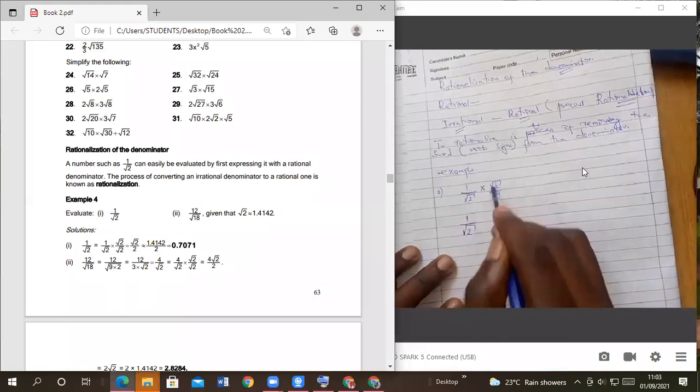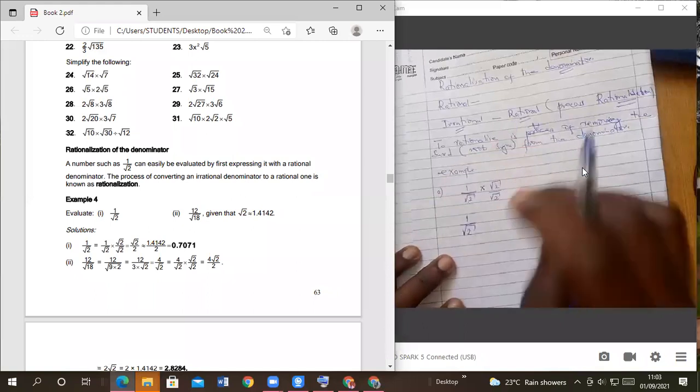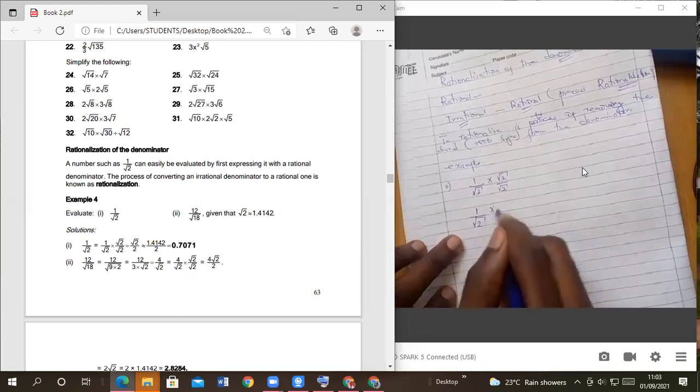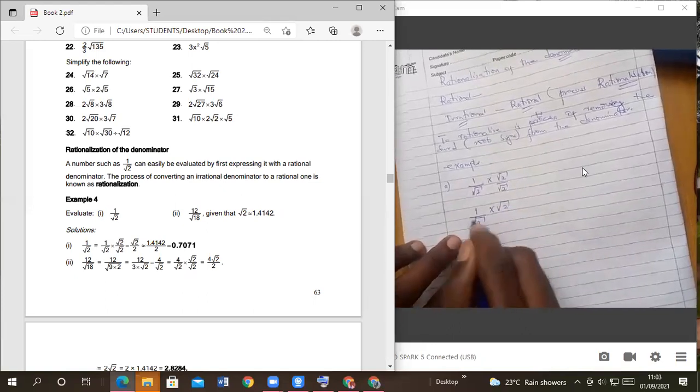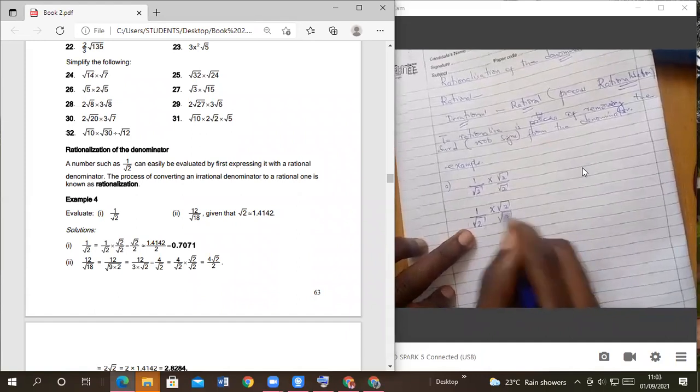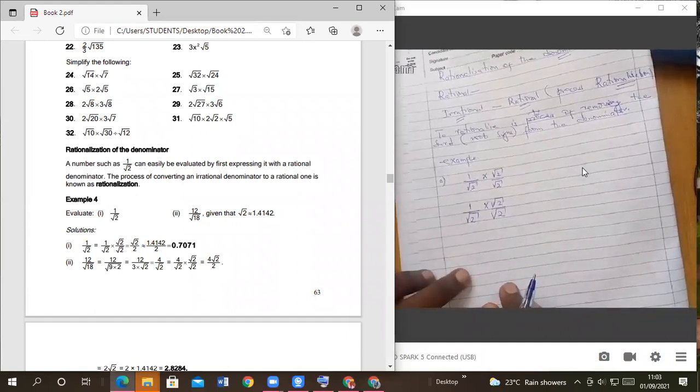And me doing that, I would not have changed the meaning of this. So I will multiply the denominator also by root of 2, and this very one also by root of 2. Have you seen that?